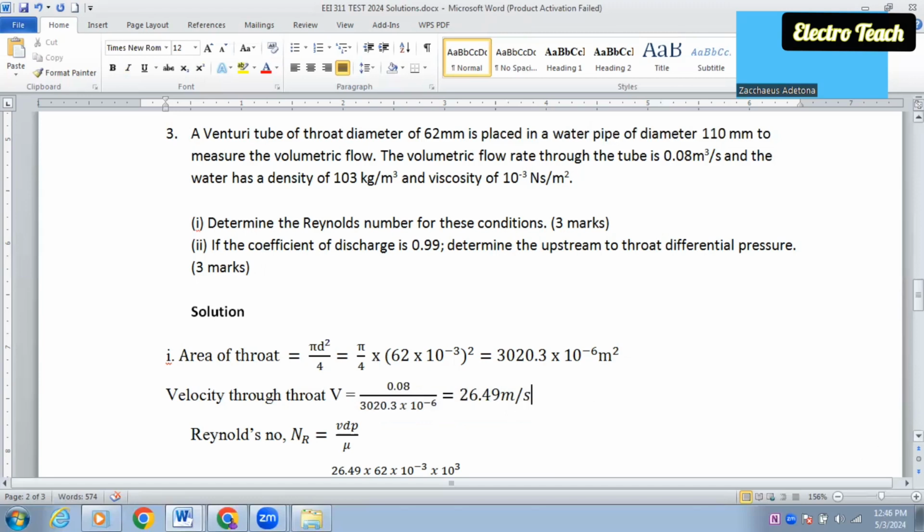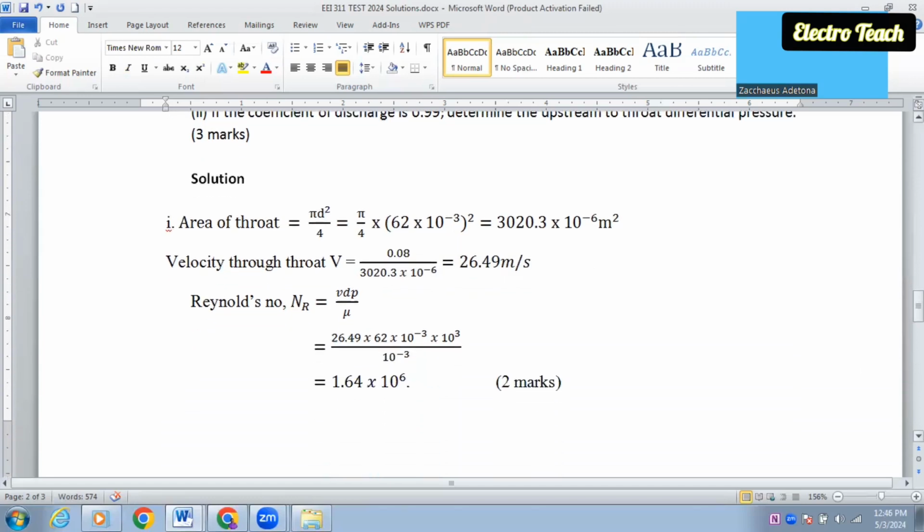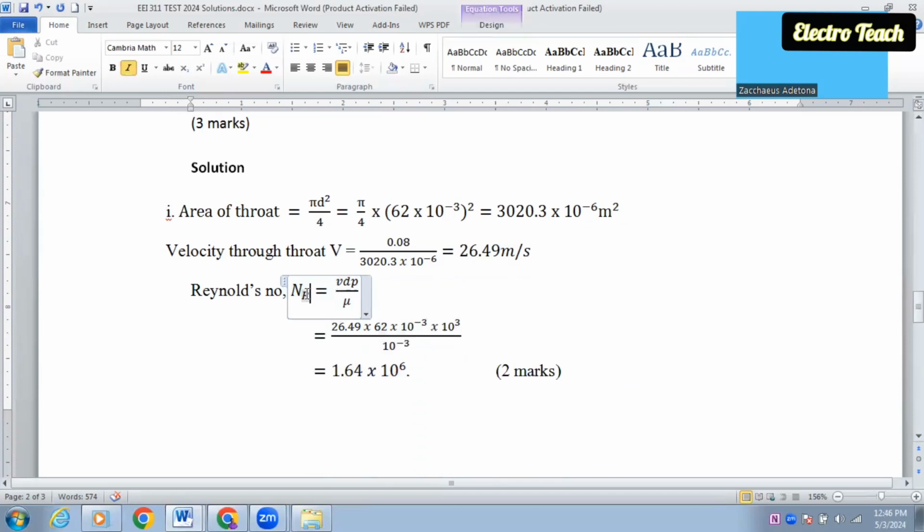Now we can calculate the Reynolds number. The Reynolds number, represented as N subscript R here, equals V d rho over mu, which is velocity, diameter, rho and mu.